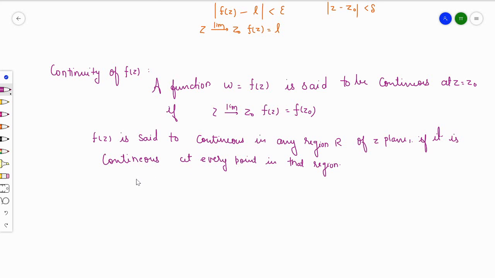Okay, next definition is differentiability. Let w which is equal to a function of z be a single valued function of z equal to x plus iy.